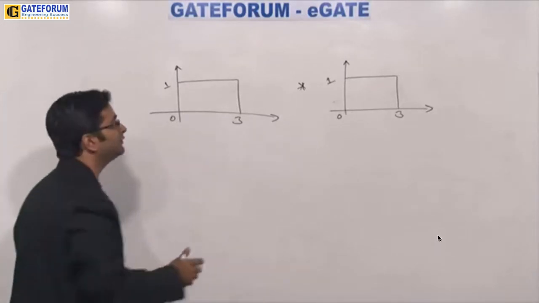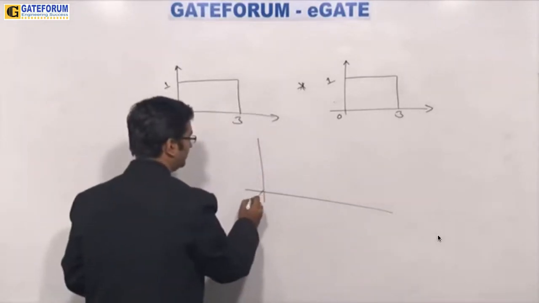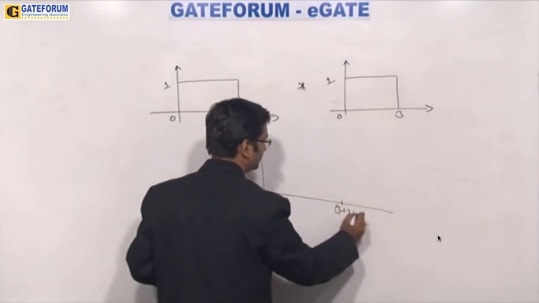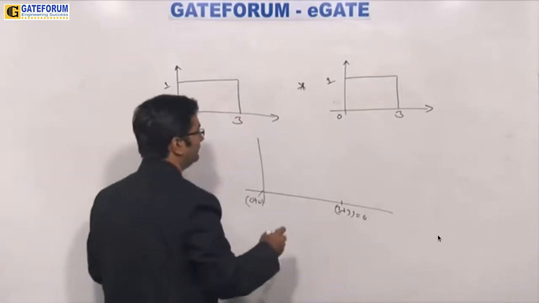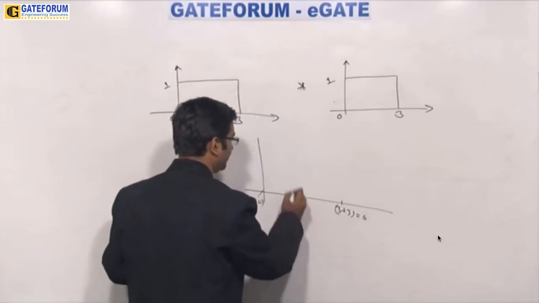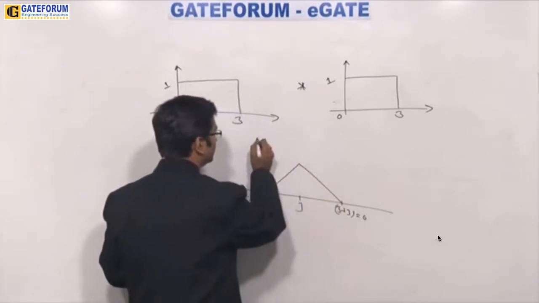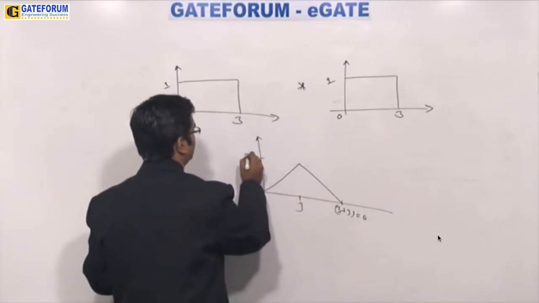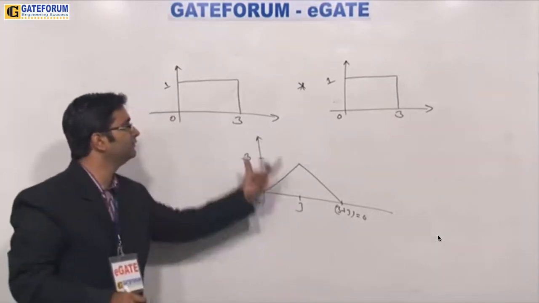Now once I do the convolution of these two pulses, apply the same: sum of the lower limits is 0 plus 0, sum of the upper limits is 3 plus 3, which is equal to 6. b1 plus a1 is 3 and b2 plus a1 is also 3, so that becomes 3. Instead of trapezium, this becomes a triangular, and at 3 I will get the value as 3. This is the net outcome when you convolve these two pulses.